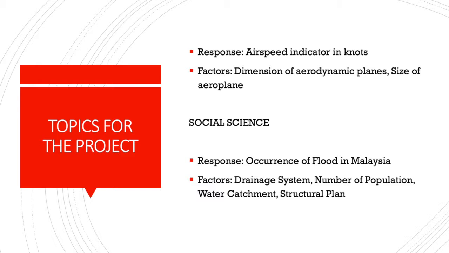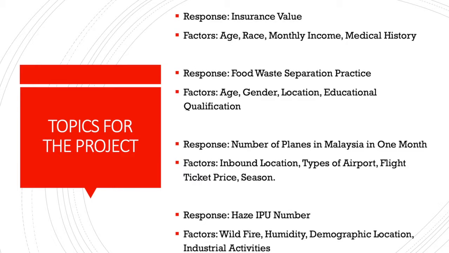The first one: the response is the occurrence of flood in Malaysia. The factors are drainage systems, number of populations, water catchment, as well as structural plans. Next, the response is the insurance value, which is the amount of insurance for the person. The factors are age, race, monthly income, and medical history.